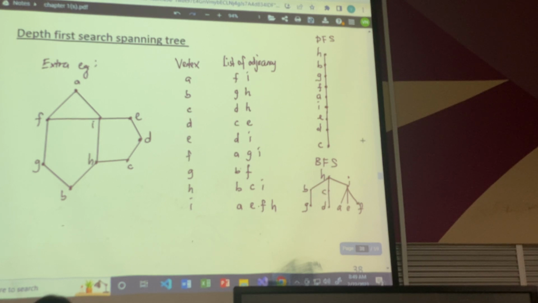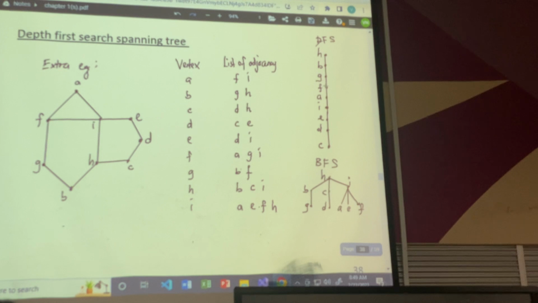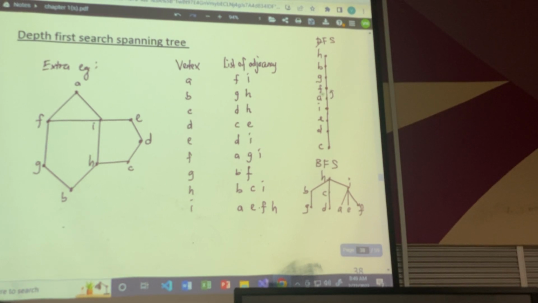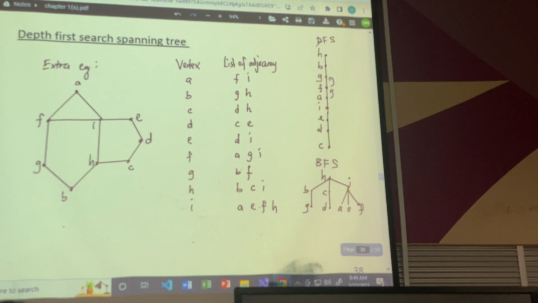Now for the depth first search, let's say after you go to A, you cannot continue anymore. Let's say A only has F but doesn't have I. So if you cannot continue from A anymore, you need to go backward to F and see whether there are any other vertices not connected yet from F. If you have none from F, then you go back to G and check again.